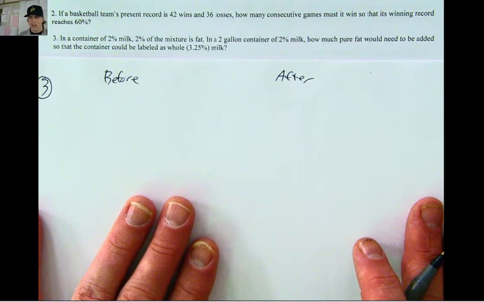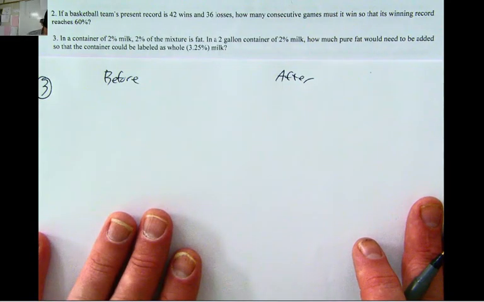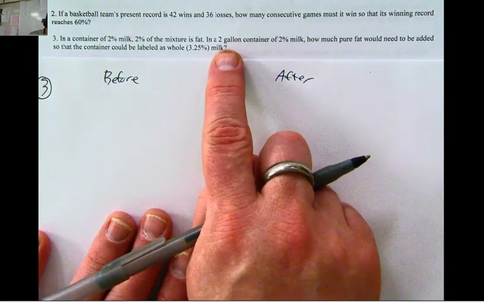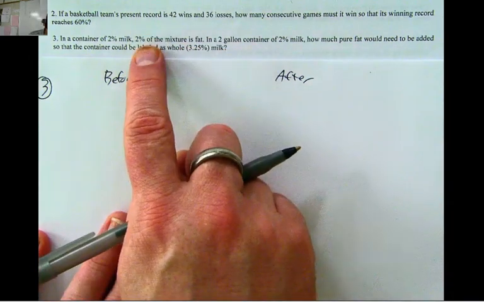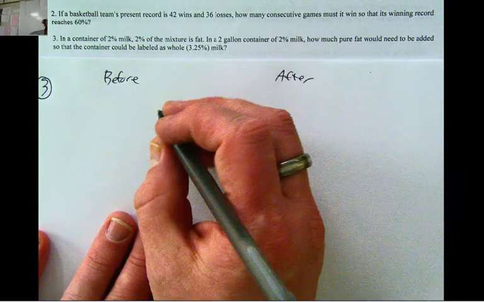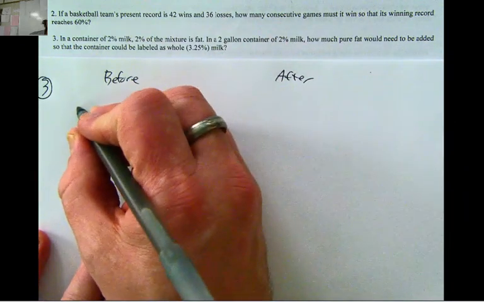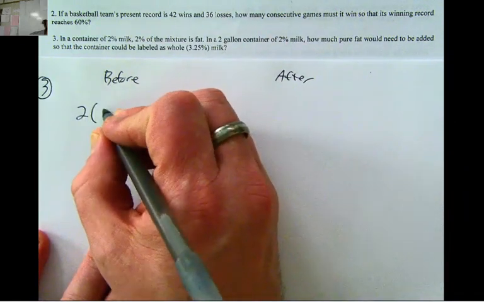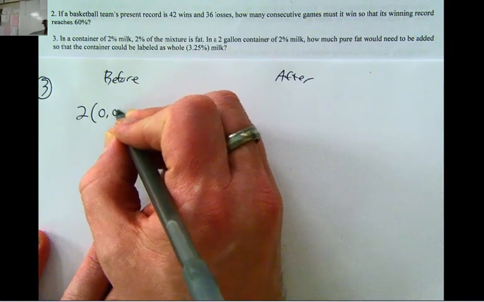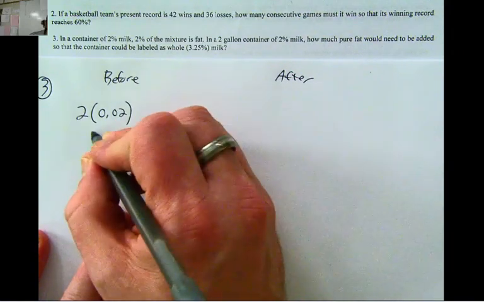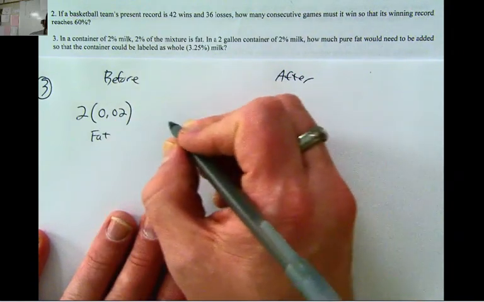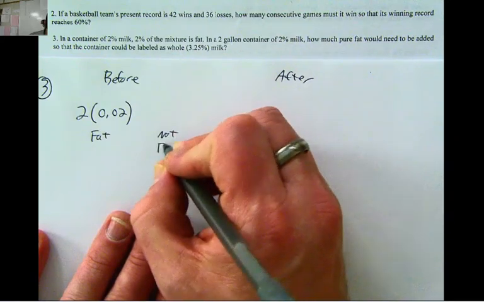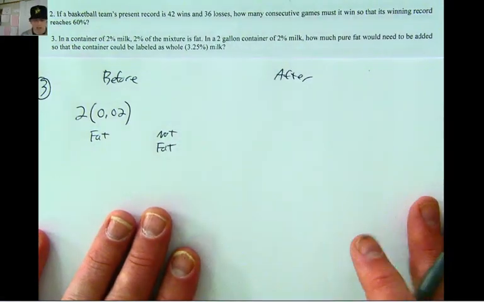2% is fat. So that means that of the 2 gallons, 0.02, 2% is fat, which means the rest of it is not fat.